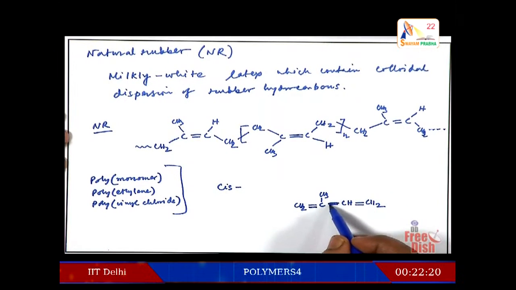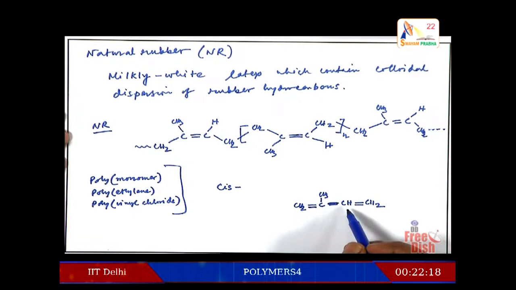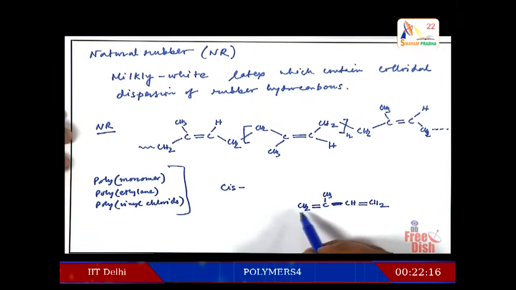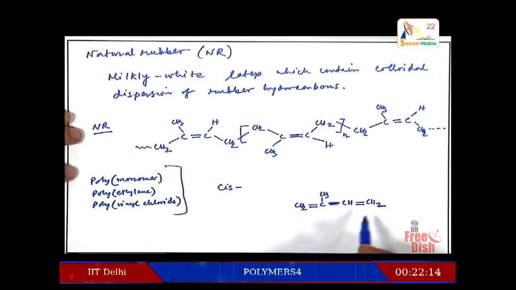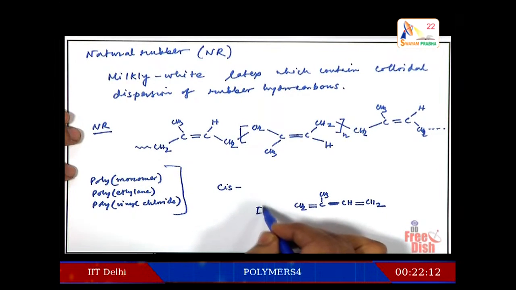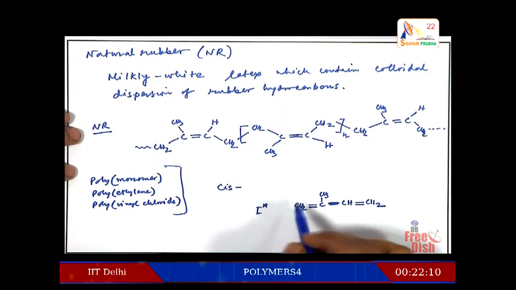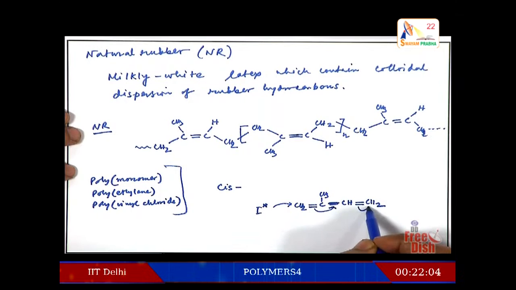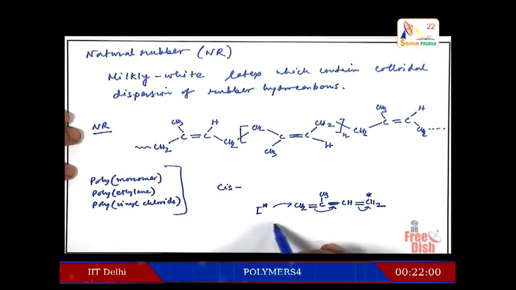So, this is a single bond, not a double bond. If we think about this as the monomer, then we can think about an initiator which can react, and you get the double bond here and you get the active center here. So, from here you get I CH2.